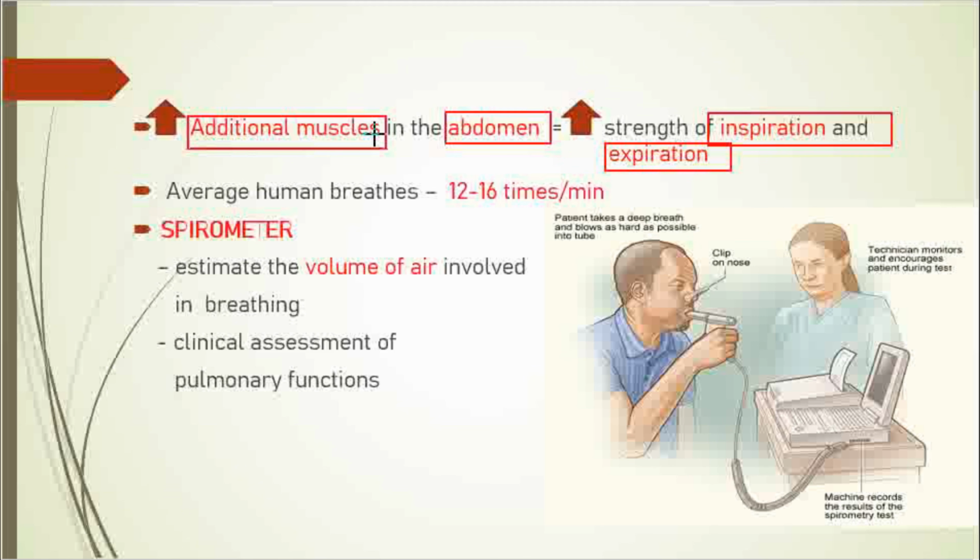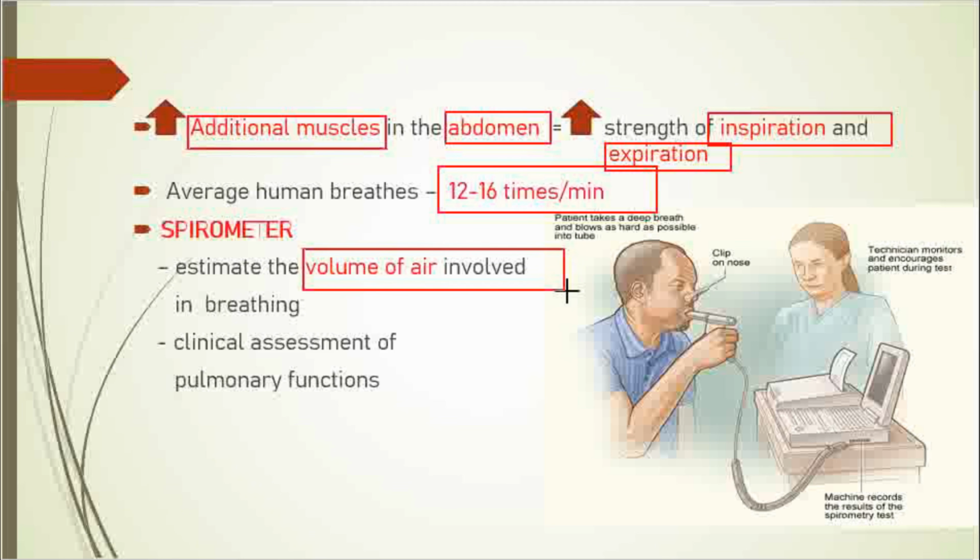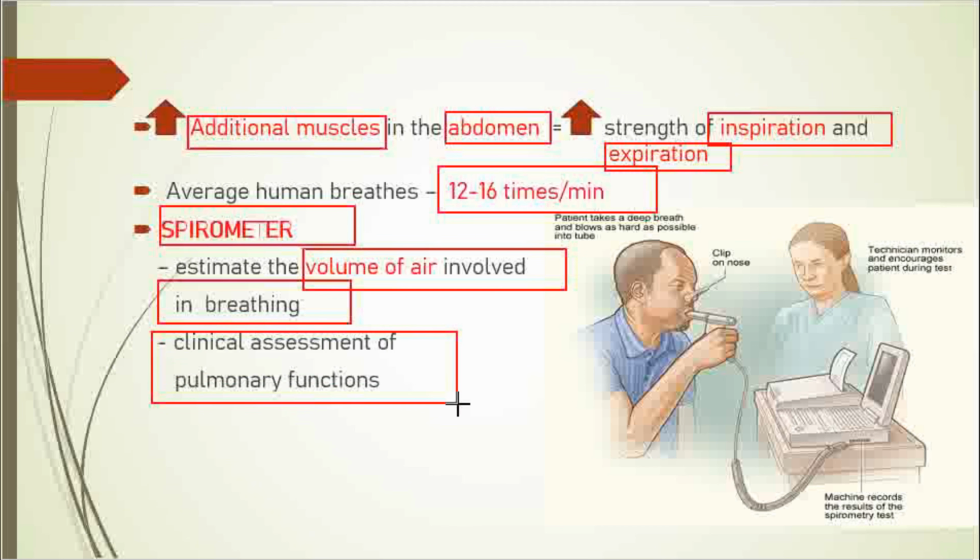On average, a human breathes 12 to 16 times per minute. And the spirometer is the instrument which is used to estimate the volume of air involved in breathing. So the instrument we use for that is called a spirometer, and it is used in the clinical assessment of pulmonary function.